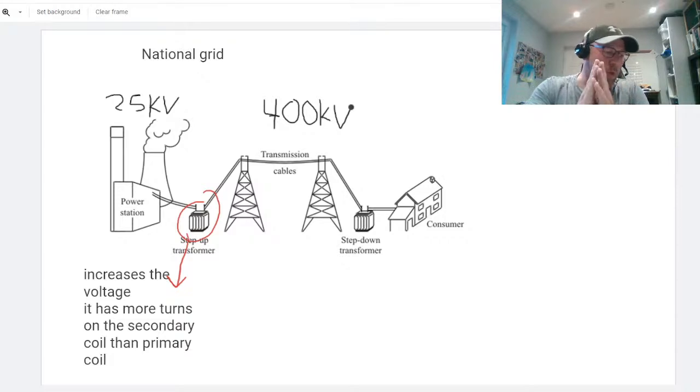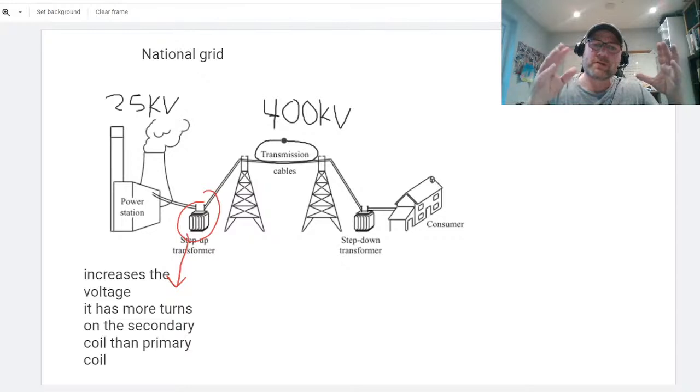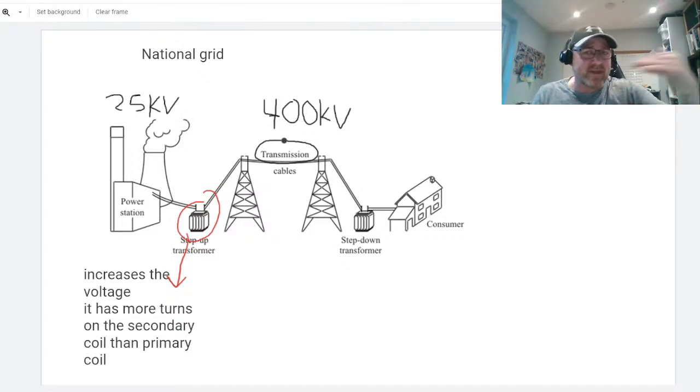You may be asked why we're going to use 400,000 volts. Why step the voltage up? 25,000 is a lot of volts. Why make it even higher for transmission? Transmission means for transport. So about 20 miles from your house is a power station. We're going to send the voltage through the wires to your house at an incredibly high voltage.